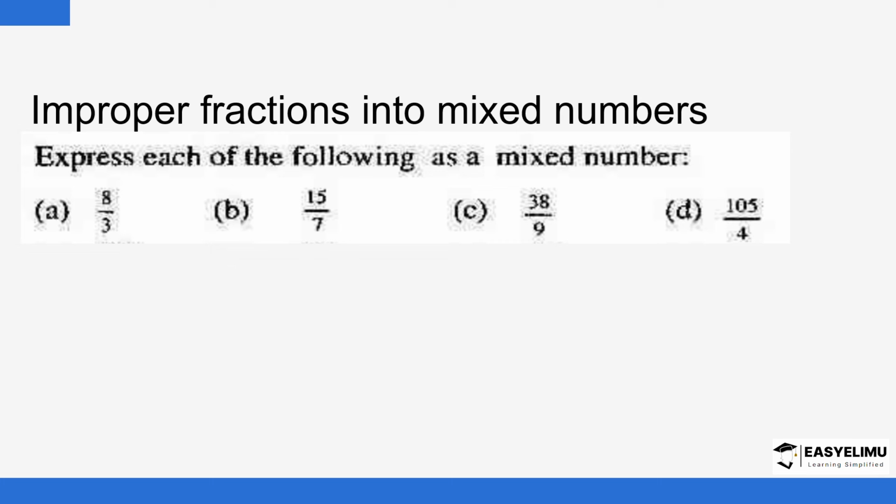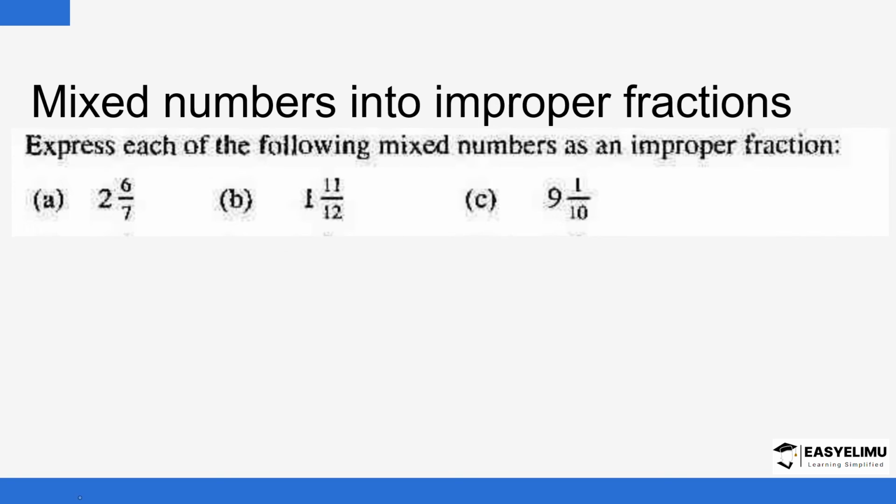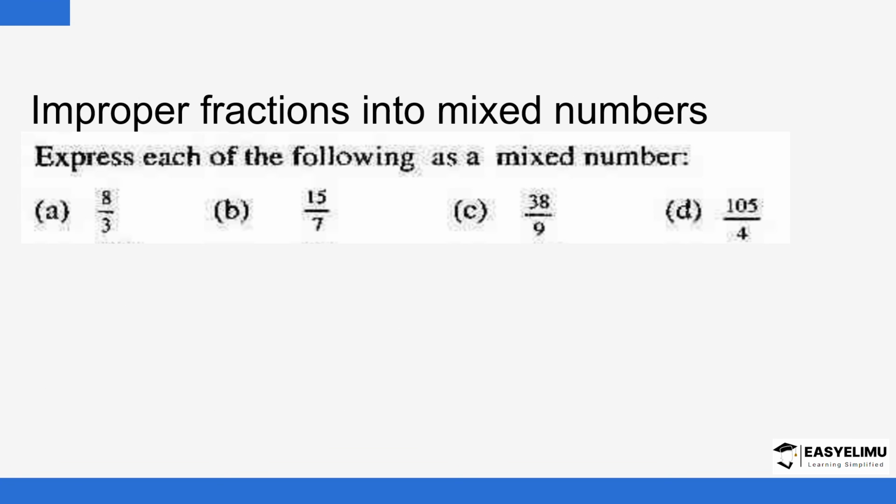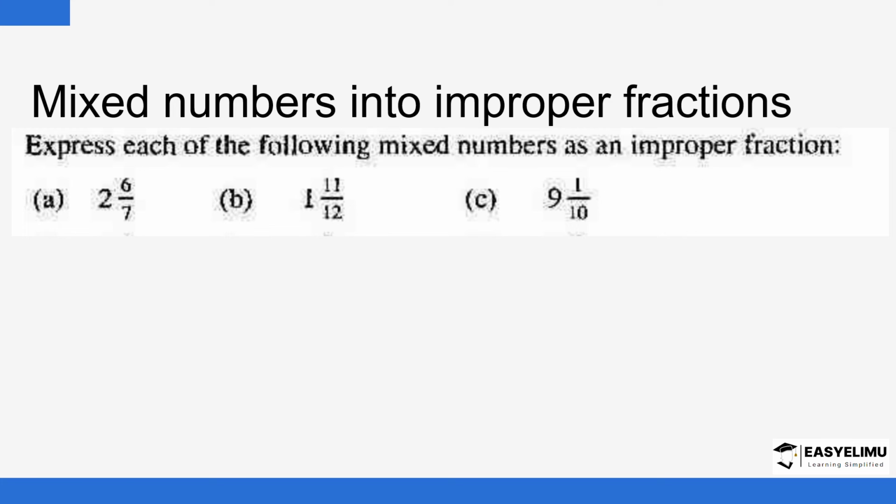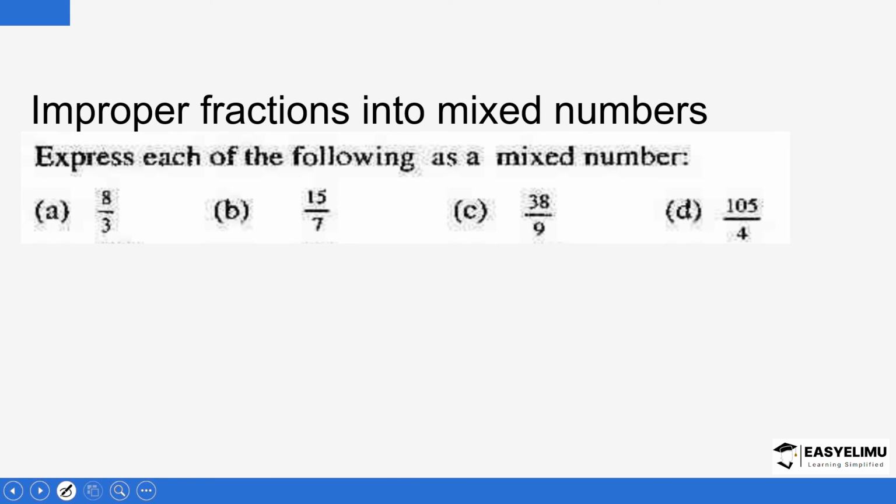So we have a series of examples here starting from A, B, all the way up to D. You want to look at possibly all of them to help you see how we go through that process. So let's start with the first one, A here. We are supposed to convert 8/3 into a mixed number.